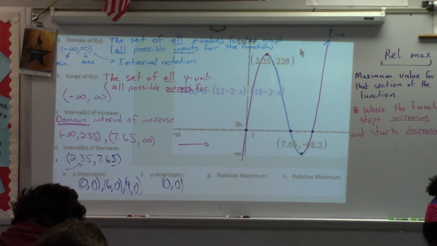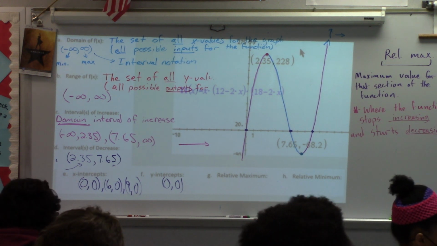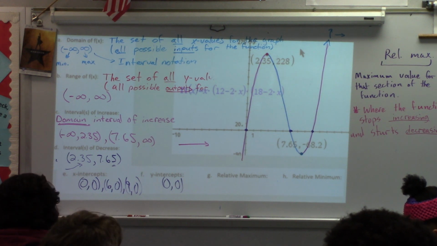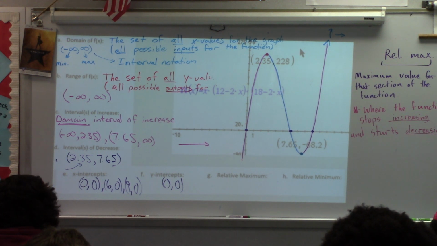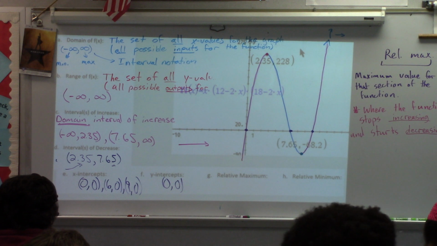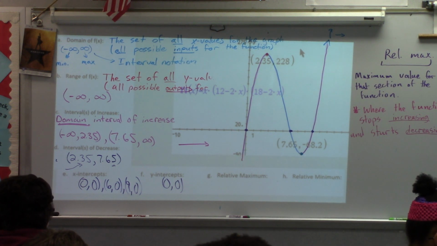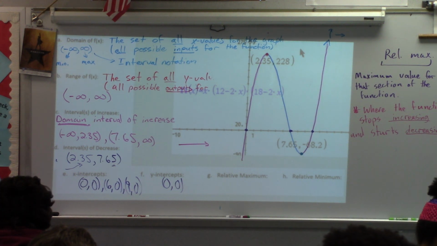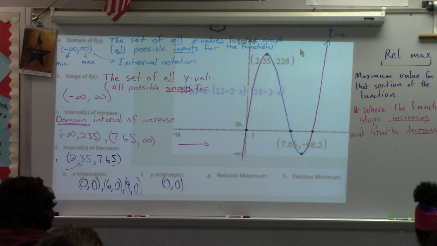And so a minimum value for that section of the graph, and again, hopefully that means we can study well and learn a lot, where the function stops blank and starts blank.